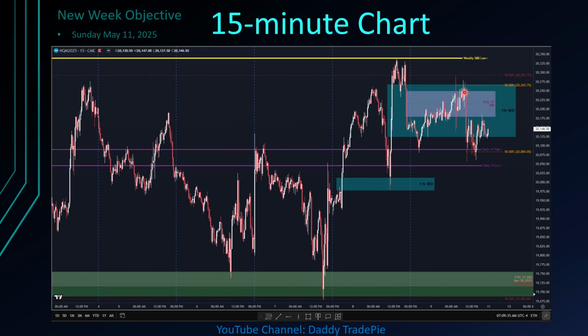After that, we had a very nice move lower after the opening bell to the daily volume imbalance high that created this wick over here. I measured this wick. I'm interested in this wick because this is the largest wick among all of the wicks over here.